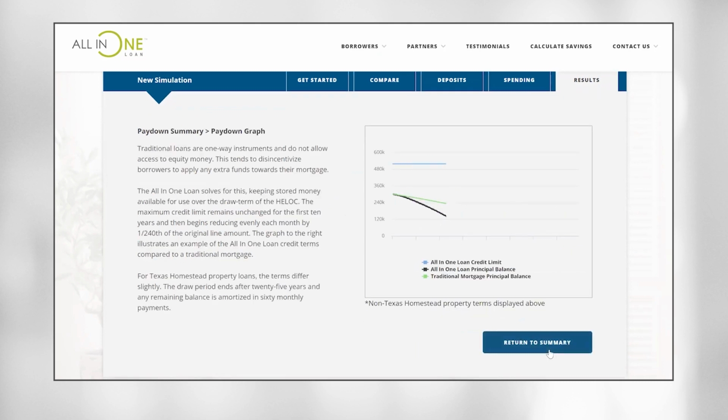I want to look at the graph real quick. Okay, so this graph is cool. It basically shows you how the all-in-one loan works versus a 30-year fixed loan in graph form.